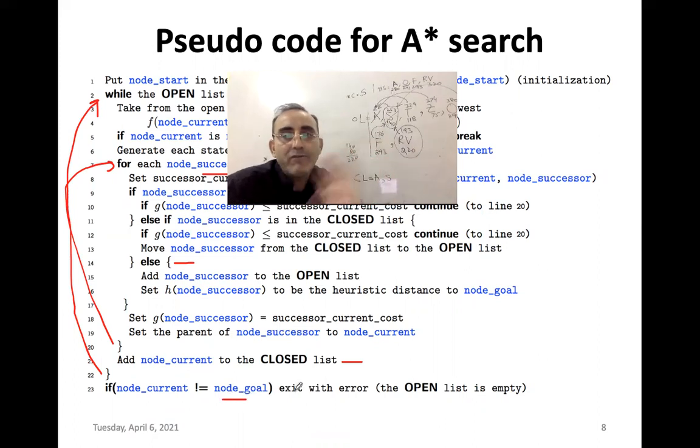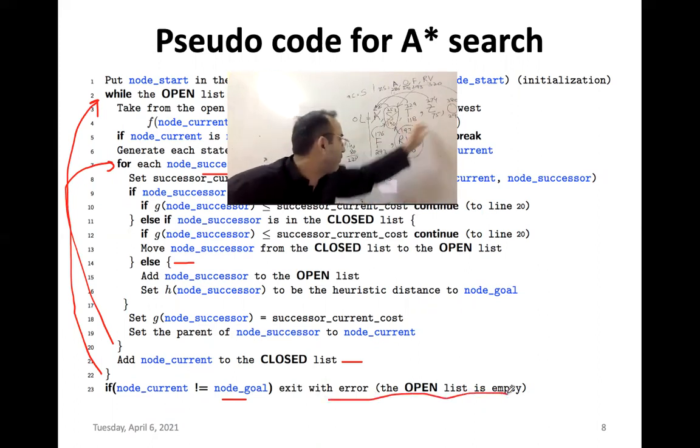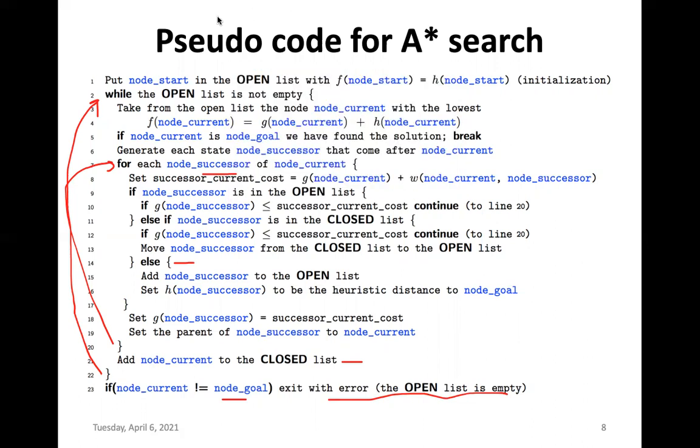Then it means you have found nothing. You have not found your destination. So then it will exit with error that the open list is empty, and you will not reach your destination. So now I am going to the next slide, and I hope that you will execute this algorithm by yourself.